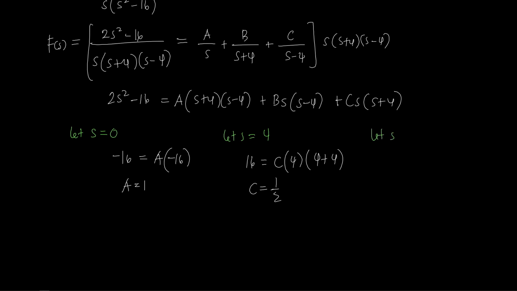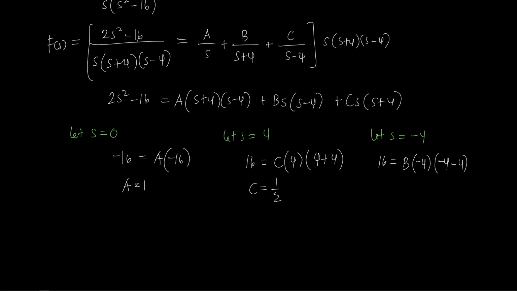Okay, so let S is equal to, again, unsa? Negative 4. So, kung negative 4 ni squared, 16 times 2, 32 minus 16, still 16. Okay, kung negative 4, mawala ni, masolve si B. So, B times negative 4, this is negative 4 minus 4.